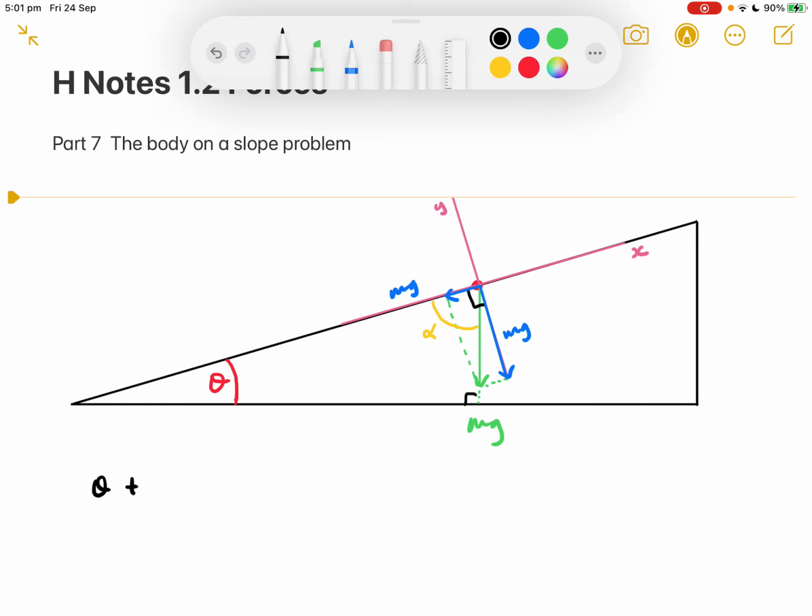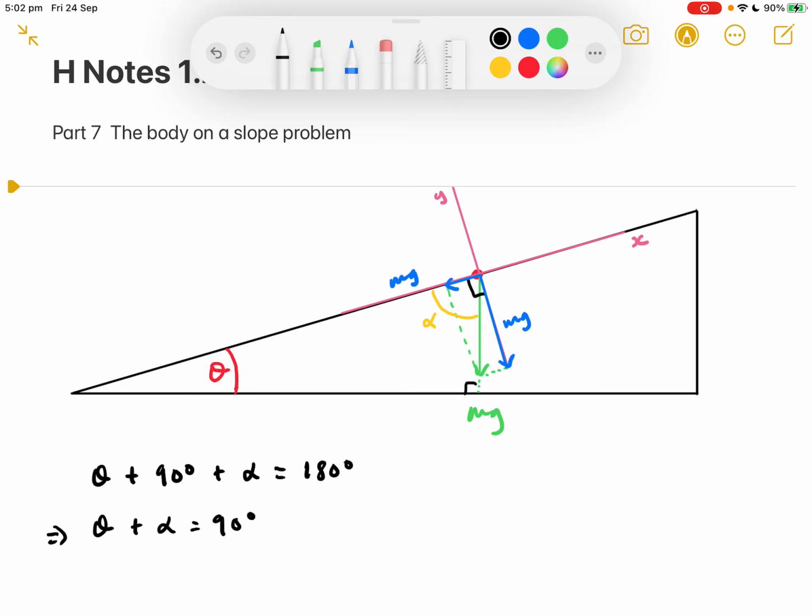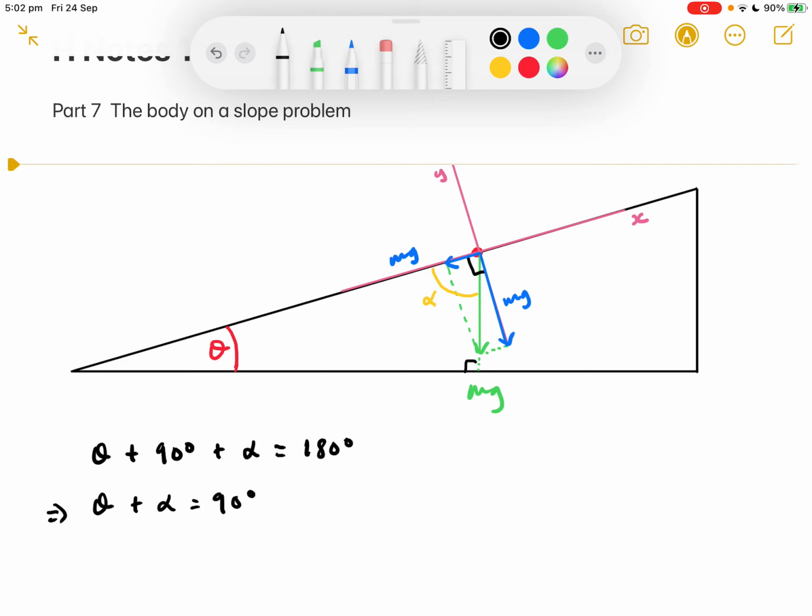And I hope you would agree that theta plus 90 degrees, that's the right angle in black down at the bottom of the mg vector, plus alpha all add up to 180 degrees. In other words, theta plus alpha must be 90 degrees. Have a look at that. Theta plus alpha gives you 90 degrees. Okay, so far so good.